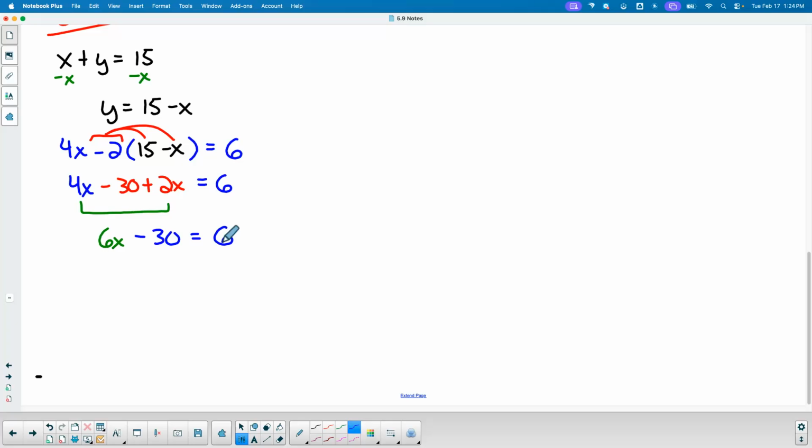How would we solve that? Add 30 to both sides.